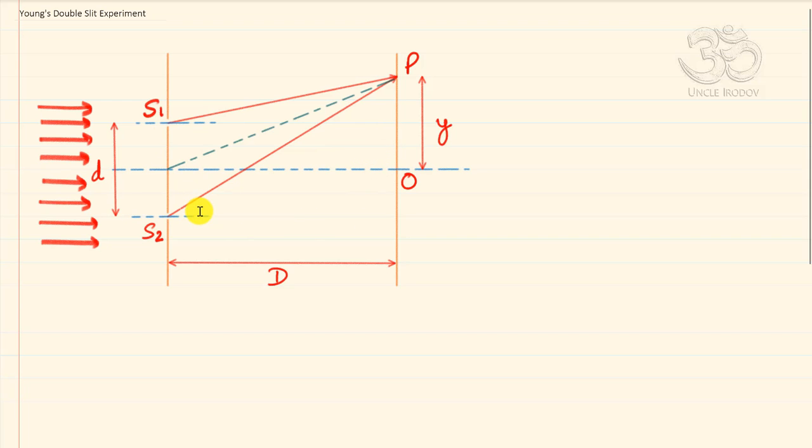So what are the things that we can do mathematically in this apparatus? We know that in order to find what happens at P, I should know the value of phase difference that exists at P between the two waves.